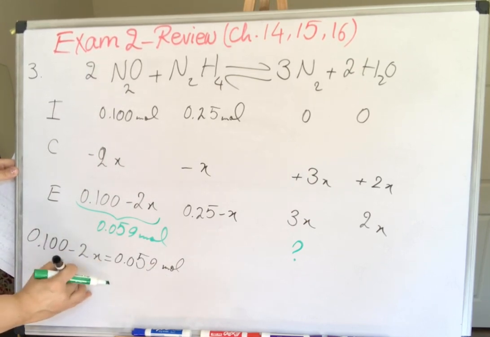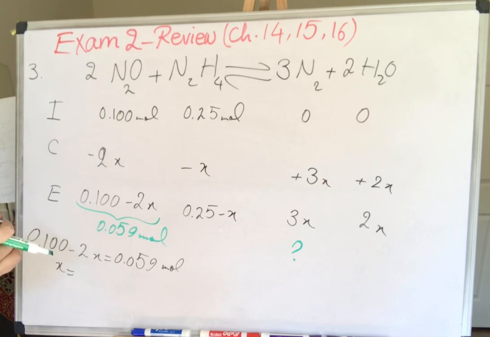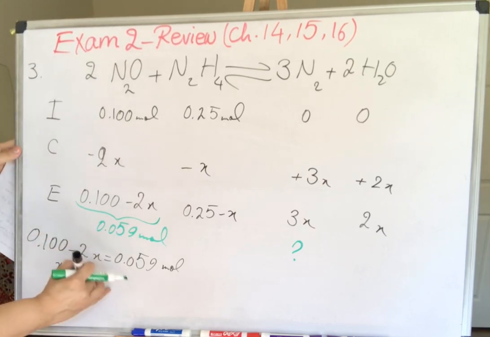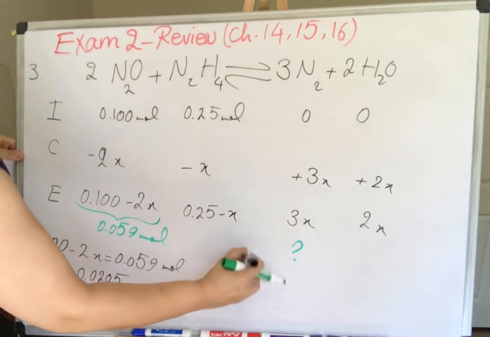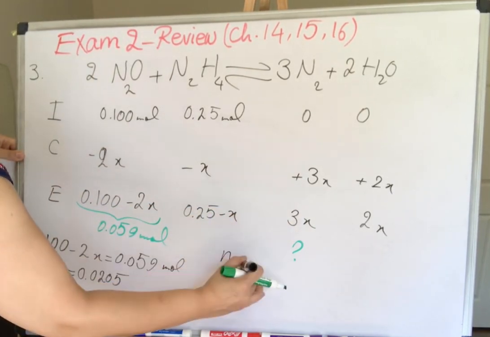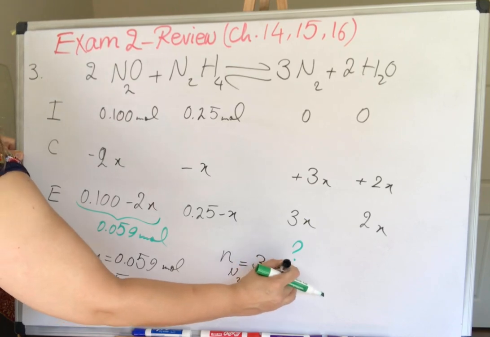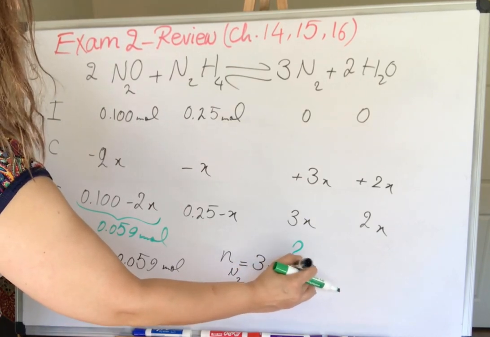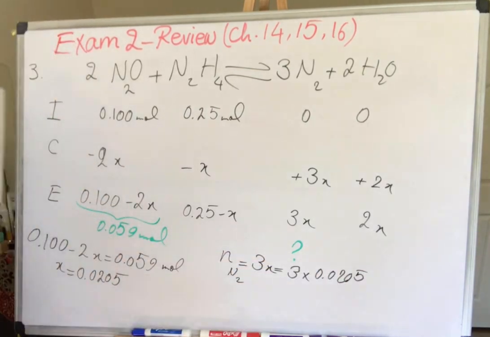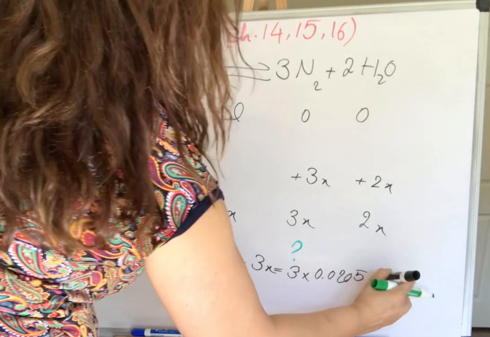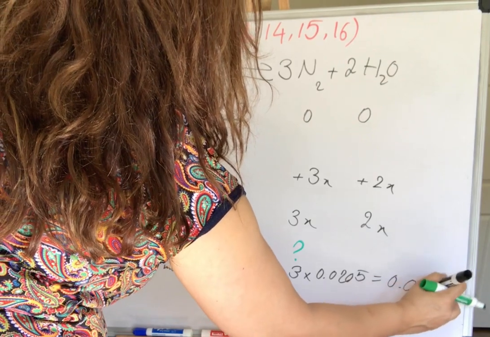So x from this equation is going to be 0.0205. And since the number of moles of N2 is 3x, it would be 3 times 0.0205, which you will find as 0.0615.